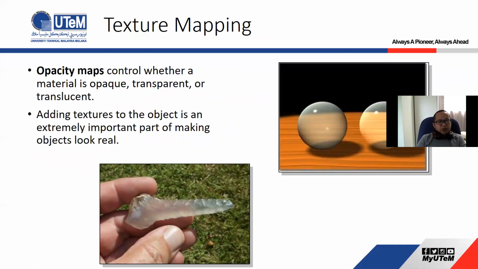Opacity maps control whether a material is opaque, transparent, or translucent. Adding texture to objects is extremely important for making an object look real. So this one is a transparent rendering object.